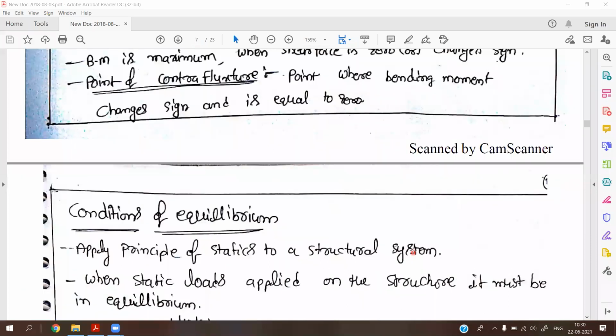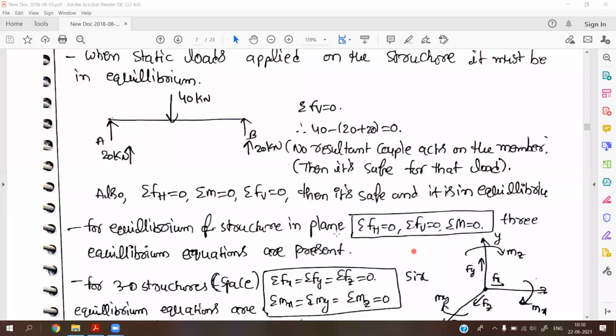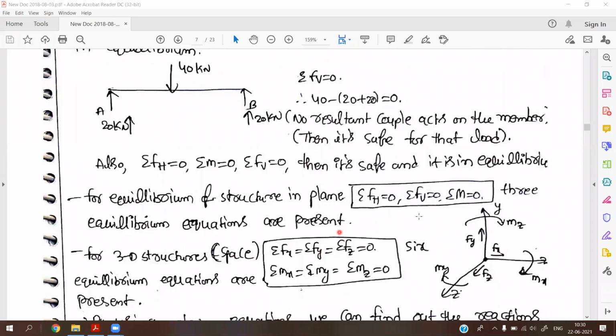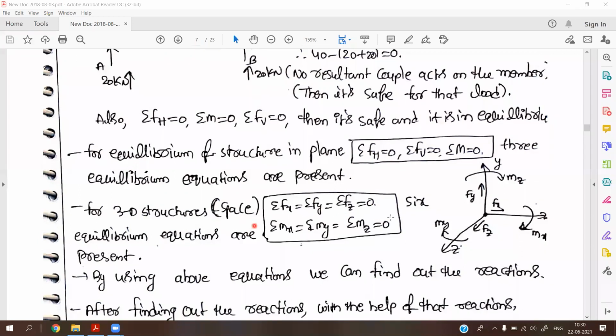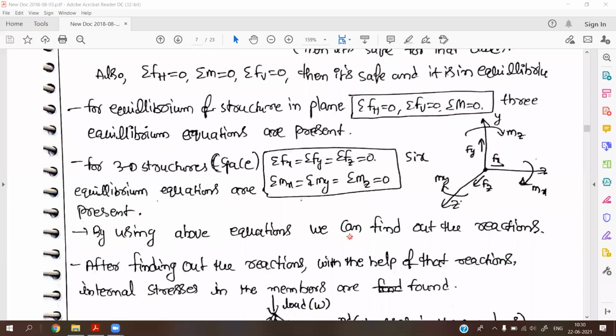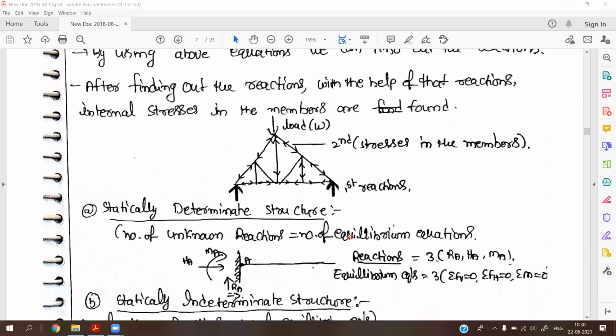Generally we have three equilibrium equations for a structure in a plane. These equations may vary for trusses and frames. These three equilibrium equations are basically for beams. For a 3D structure we have six equilibrium equations: three translation equations and three rotational equations. So this is about reactions and equilibrium equations.